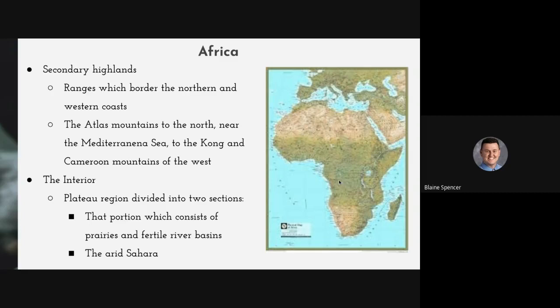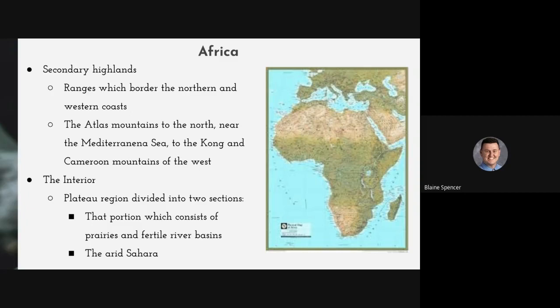The green is for vegetation. So that means the arid Sahara is this tan or desert look. These are the two regions of this plateau, this interior: the Sahara up north, and the prairies and fertile river basins right here in the south. This is the interior.